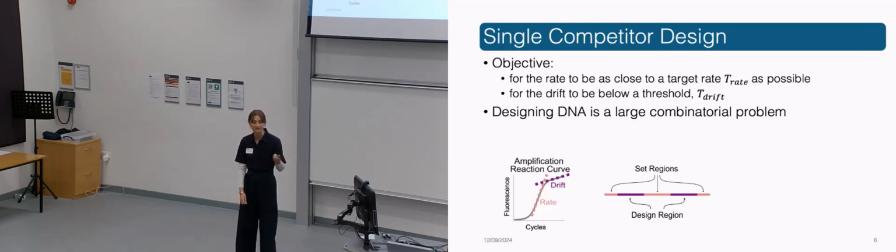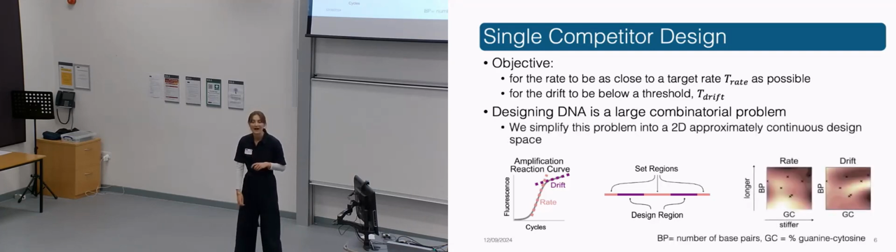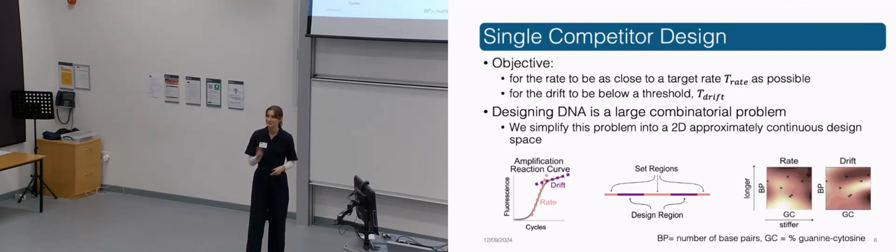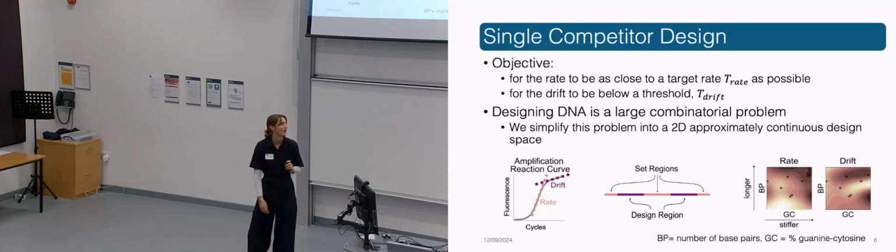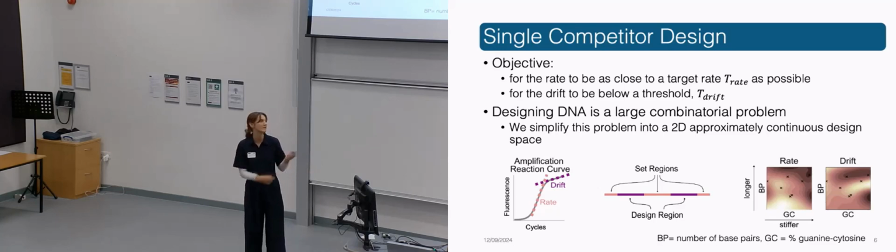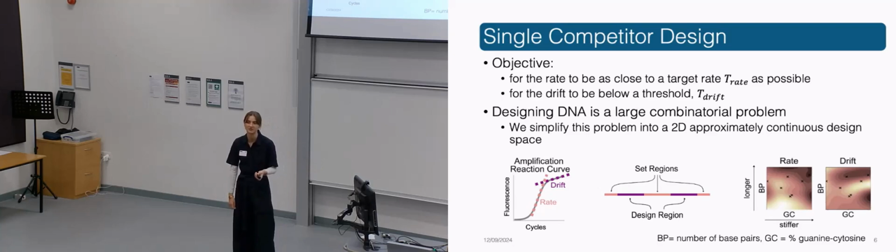This means we turn this very high-dimensional combinatorial problem of designing DNA into a really nice, two-dimensional, almost continuous problem of just changing the length of the DNA strand and the GC content. That's what it's made of, and you can think of GC content as the stiffness of the strand.